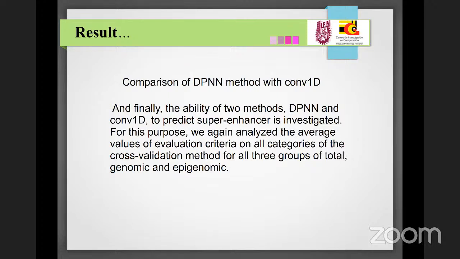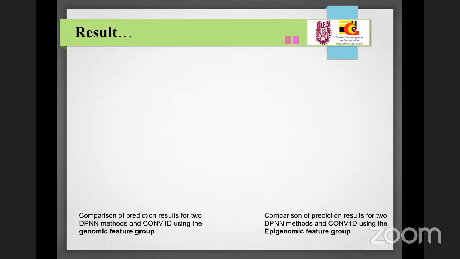And the last, we have a comparison of the DPNN method with convolution 1D. Finally, the ability of the methods, DPNN and convolution, to predict super enhancers is investigated. For this purpose, we again analyze the average value of evaluation criteria on all categories of the cross-validation method for all three groups: total, genomic, and epigenomic.